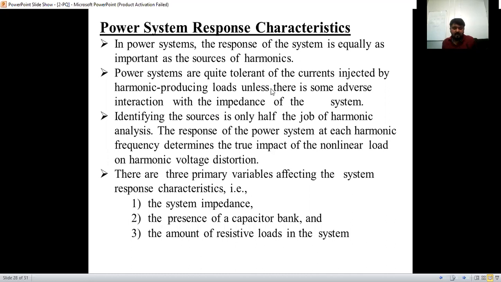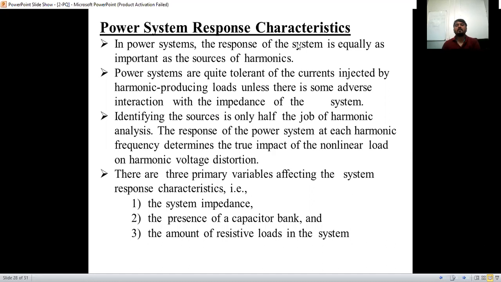The harmonics will be produced, but how the actual power system responds and what its characteristics are, that we are going to discuss.